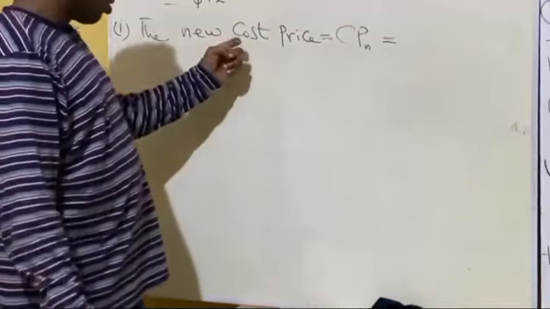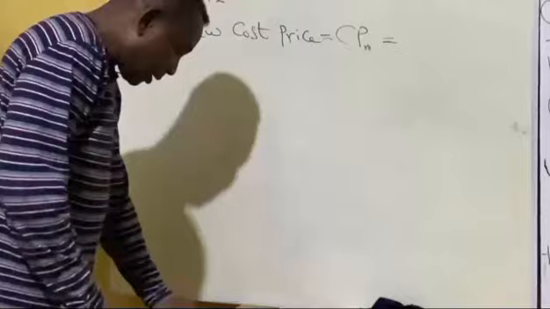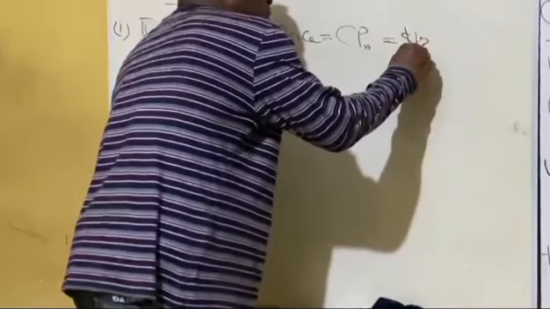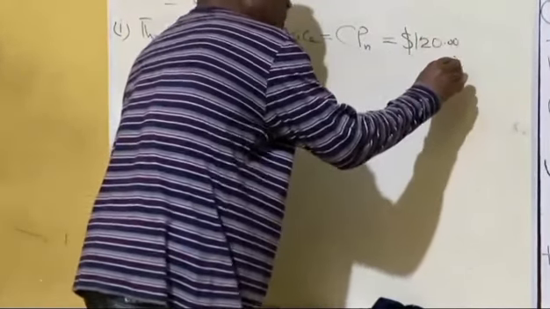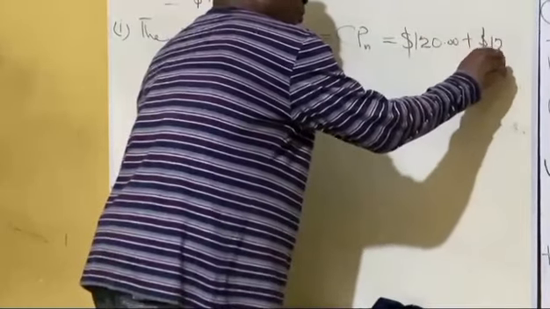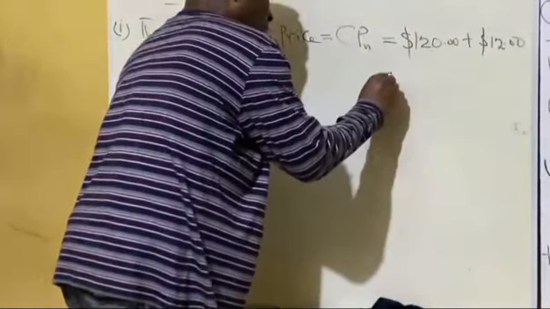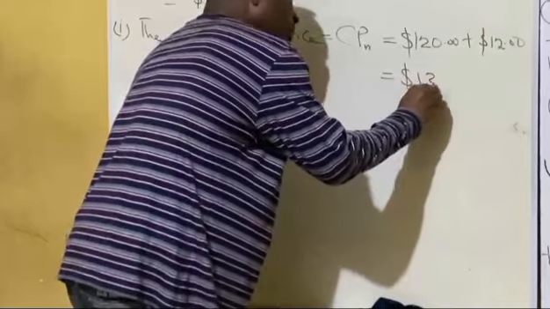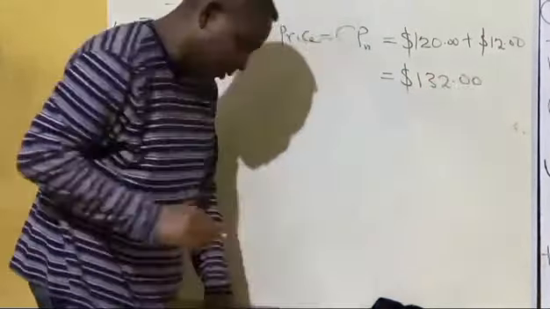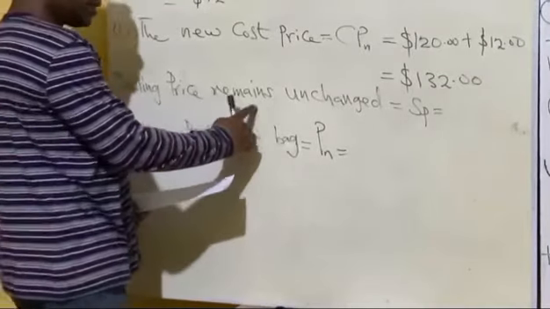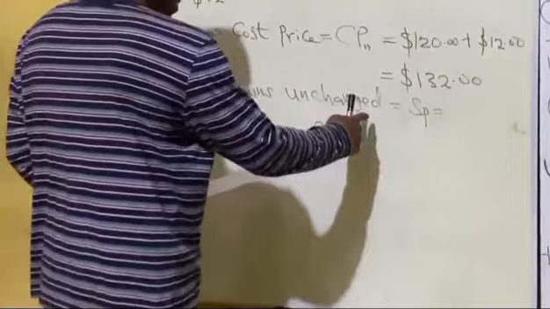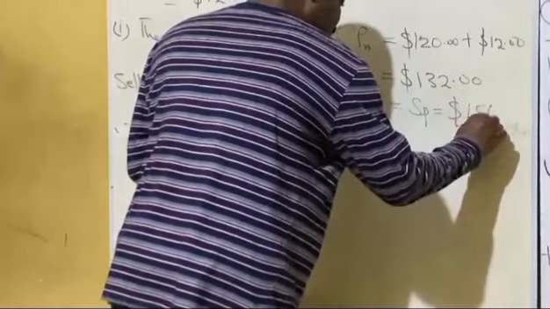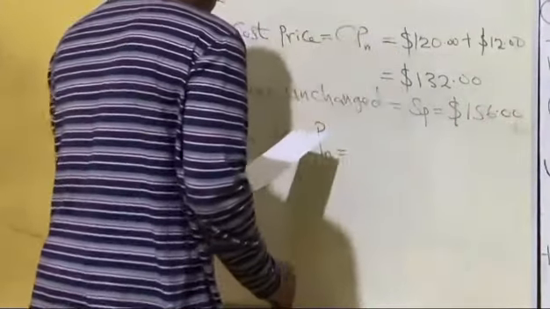The new cost price, CPN, is equal to $120 plus the $12, which gives us $132. Selling price remains unchanged, SP is equal to $156.00.